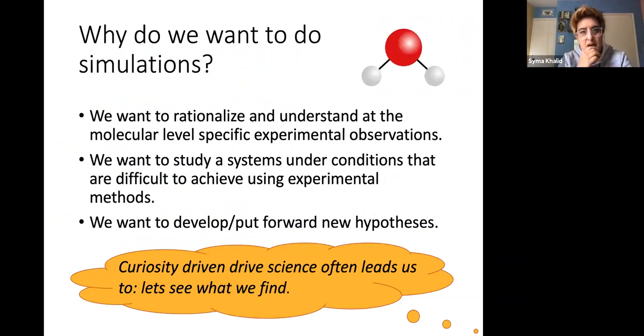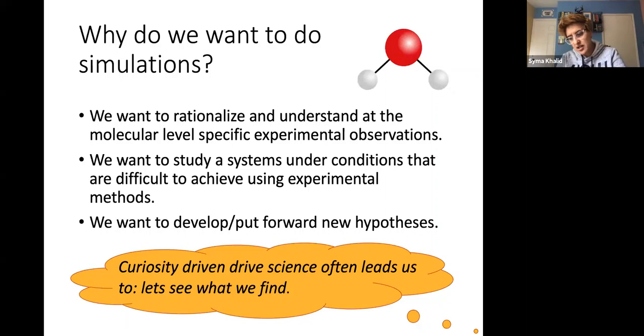Before we go on to talk about the simulations we've done, I wanted to put this slide up here, given this is a training week, to ask, why do we want to do simulations? Clearly, one of the most obvious reasons is that we want to rationalize and understand at the molecular level some very specific experimental observations. Often experiments can't reach the molecular or atomistic levels.